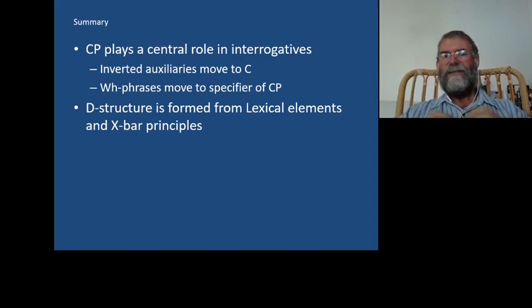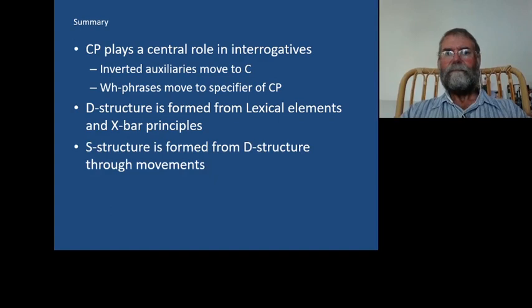The D structure is directly formed using the X bar principles, putting in lexical elements into the relevant relationship. Okay, so D structure comes directly from X bar and the lexicon. S structure is then formed, or another word for that is to derive. Okay, so S structure is derived from D structure via movements. Those movements, as we've seen, are restricted.